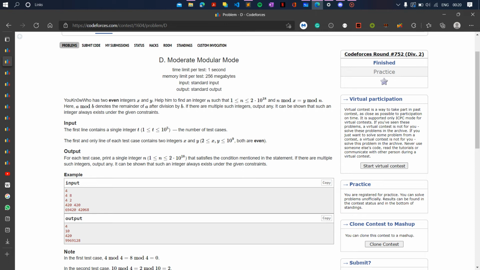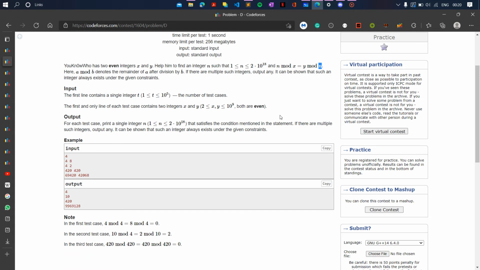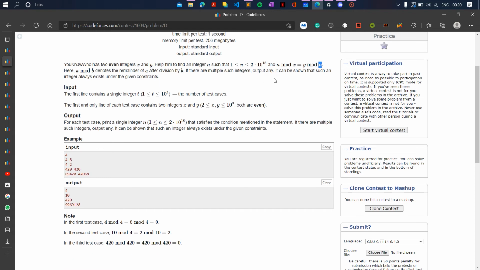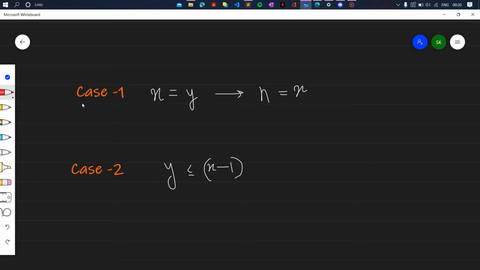Because if x equals 420 and y equals 420, and we take n equal to 420, then 420 mod 420 would be 0. Also, 420 mod n, where n is again 420, would also be 0. So when x equals y, the answer would be exactly equal to x. That would be case 1.